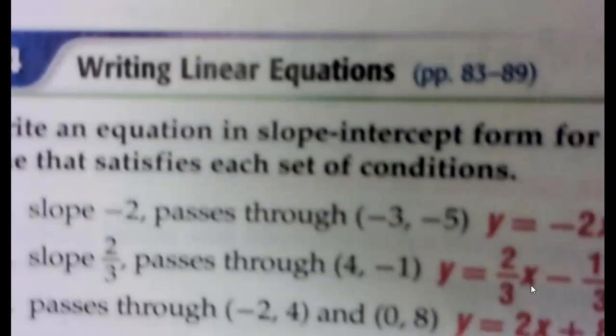And last but not least, we had 34. 34 was y equals 2/3 x minus 11/3. Any questions on any of those that you wanted to see before we do the Jeopardy review?